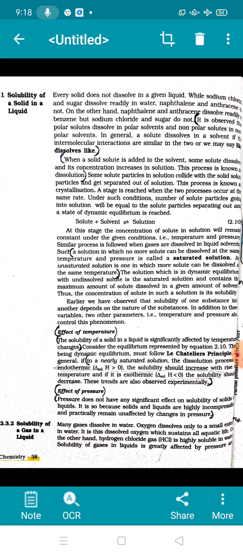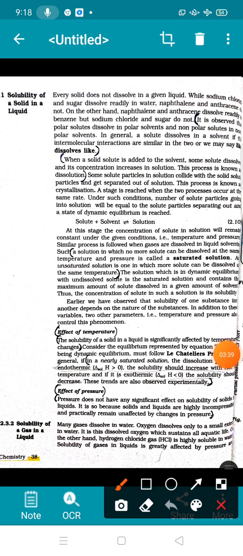It is observed that polar compounds dissolve in polar solvents, and non-polar solutes dissolve in non-polar solvents. In simple words, we say like dissolves like. That means polar compounds dissolve in polar solvents, and non-polar compounds dissolve in non-polar solvents.